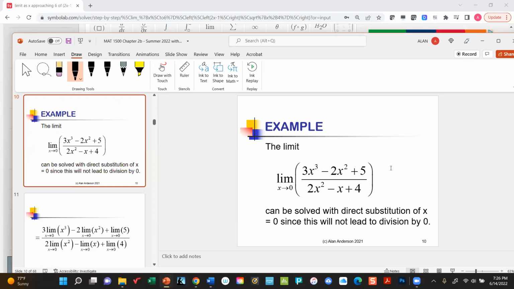So here's a good one. Now, again, if you notice, if you plug in 0 here in the denominator, we will not end up with the problem of division by 0. So it would be a simple matter to go ahead and plug these in.